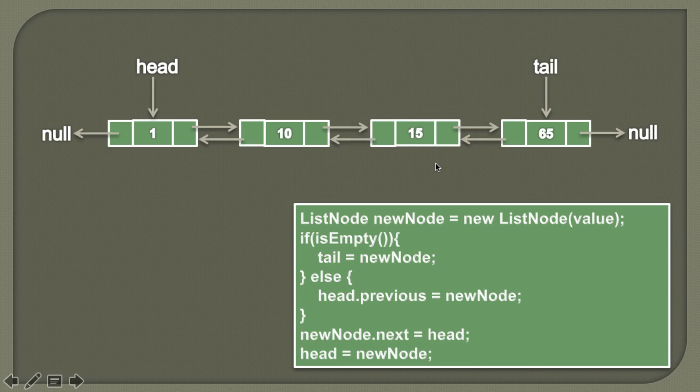When the list is empty, usually head and tail both point to null, and when we insert a node at the beginning, after its insertion the doubly linked list has only one node, so head and tail both point to that node. So we need to consider that case. In the algorithm, if the list is empty, then the tail pointer comes into the picture. We'll see the demonstration of this algorithm in the next slide.